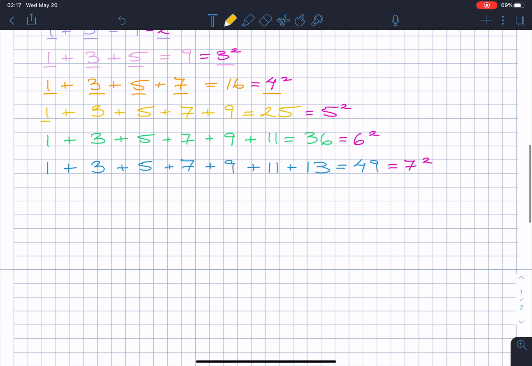There are 5 distinct terms in the next sum, and of course the number is 5 squared. There are 6 terms in the next sum, so it's 6 squared. And I stopped at 7 terms to get 7 squared.